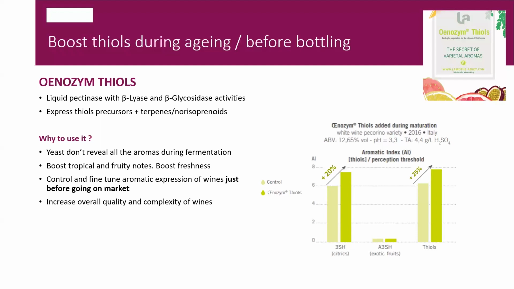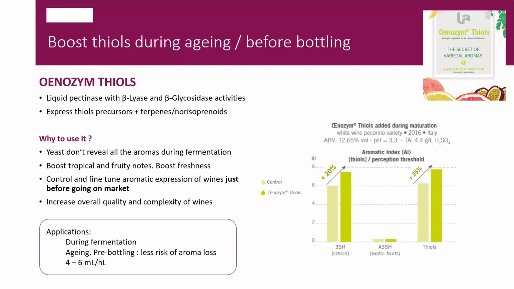Using it during aging or just before bottling is actually a good strategy to not risk losing too many aromas. You just add this enzyme, wait for 3 weeks usually to have all the precursors released, so you can have better aromatic complexity.